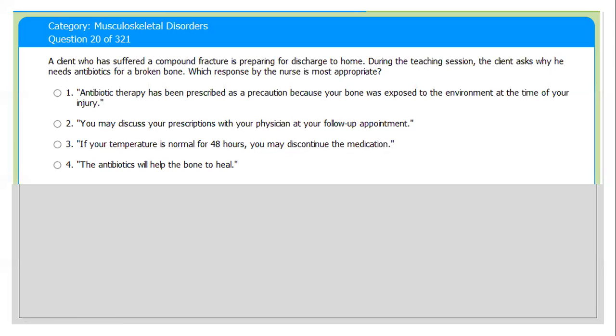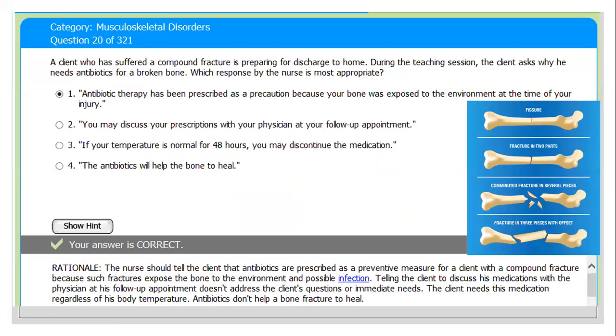The correct answer is: antibiotic therapy has been prescribed as a precaution because your bone was exposed to the environment at the site of your injury. If you read this question, the examiner is asking about a compound fracture, right?